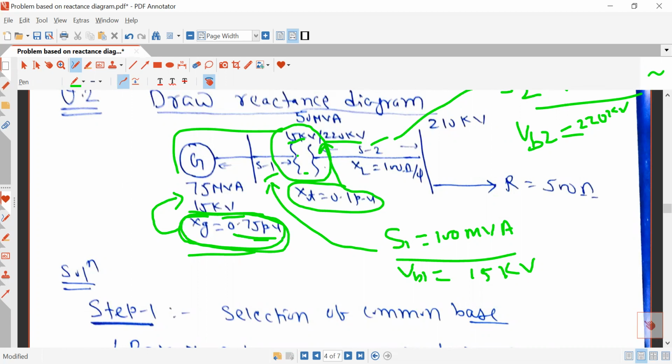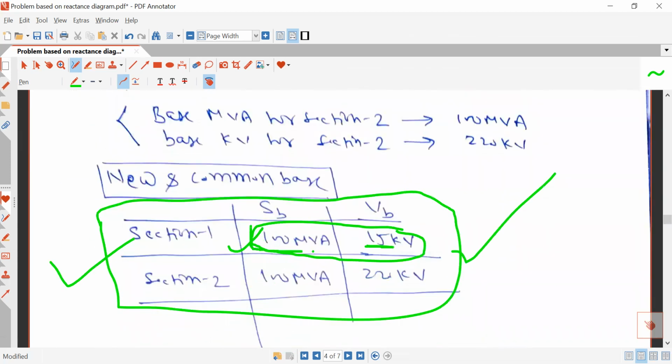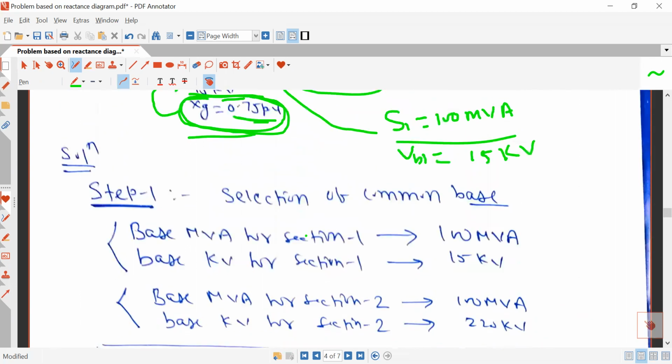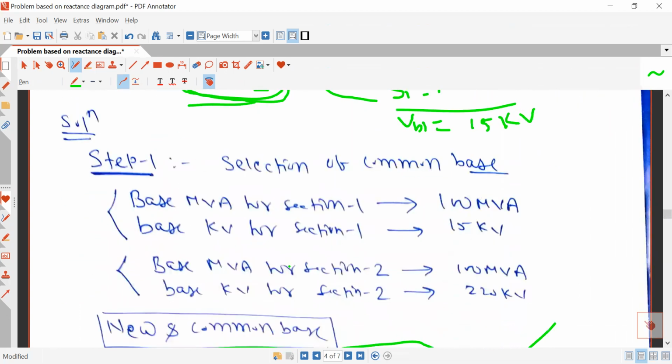So you are free to keep the transformer either in section 1 or in section 2. If you keep the transformer in section 1, then the new base for the transformer will be this. And the old base for the transformer will be 15 kV and 50 MVA. So you must note it.